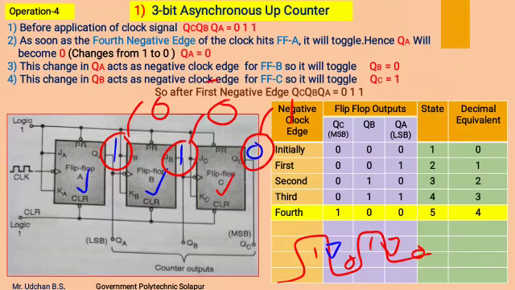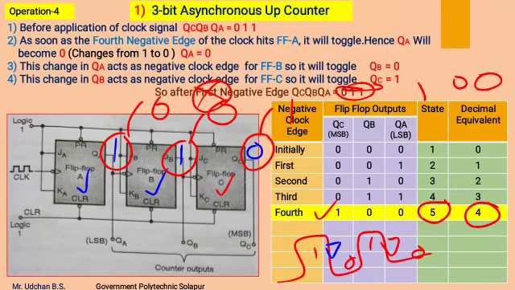So after the fourth negative edge of the clock pulse, we will get the output 1 0 0, which is written over here, which is named state number 5 and its decimal equivalent is 4.